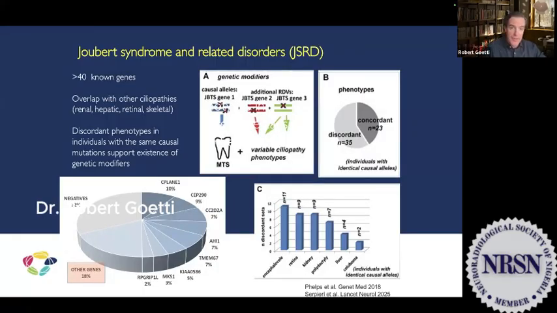It is a ciliopathy, and there's quite substantial overlap with other ciliopathies. The patients can have renal, hepatic, retinal, or skeletal findings. And even patients with the same genetic mutation can have different phenotypes, which supports the existence of some genetic modifiers in these diseases.